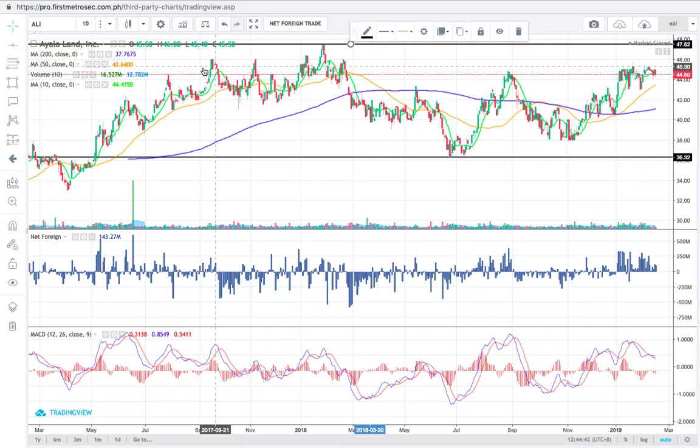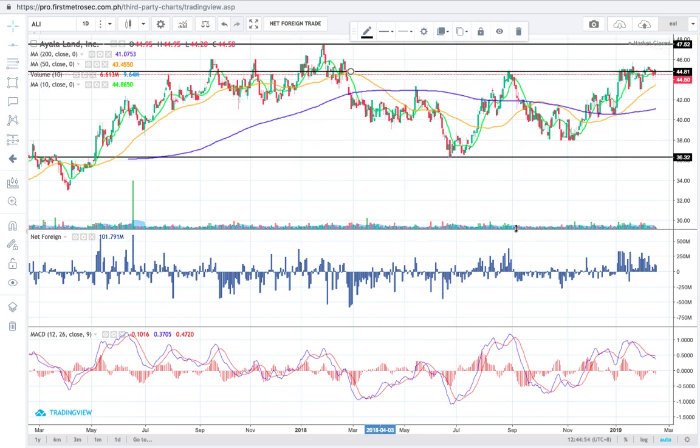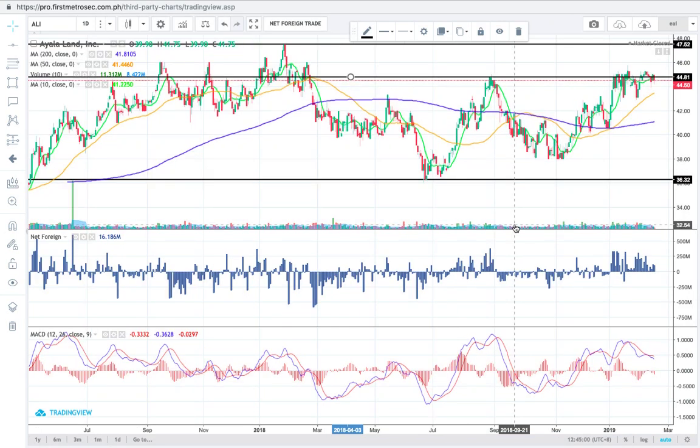Now there is a midterm. I call it a midterm support or midterm resistance. Okay? There's a midterm resistance here at 44.8. Okay. So right now we can see that Ayala Land has been trying to pierce that midterm resistance pegged at 44.80 for a while now.